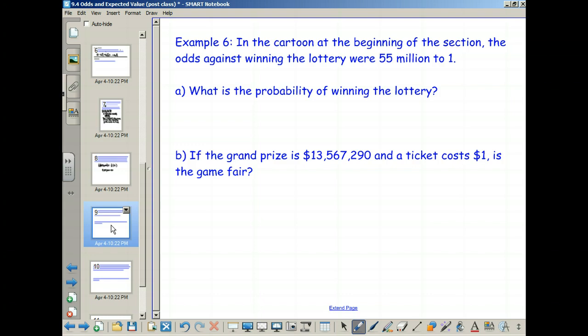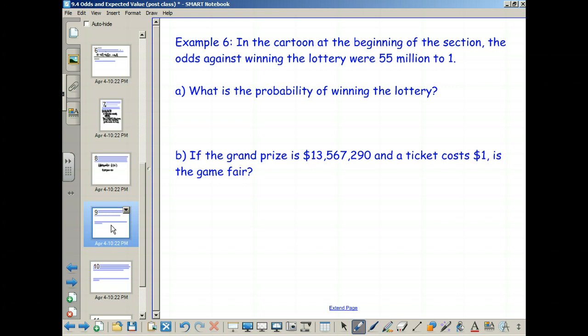This incorporates odds and probability within the same problem. So the odds are 55 million to 1. So what's the probability? You're just off by how you're thinking about the number.